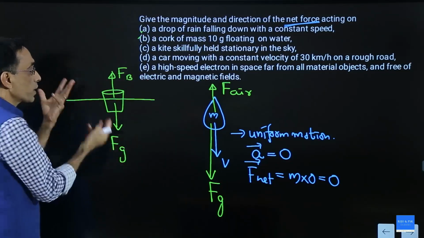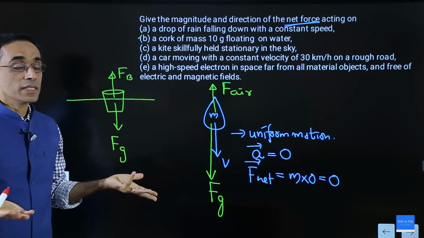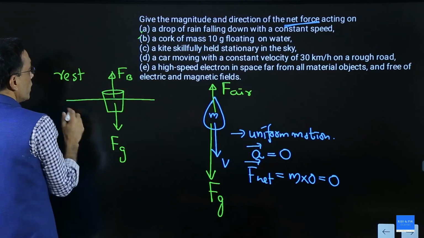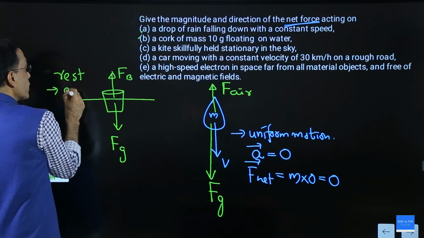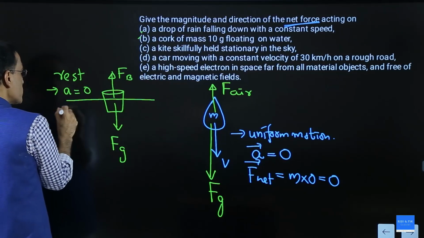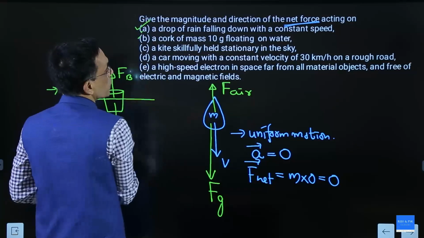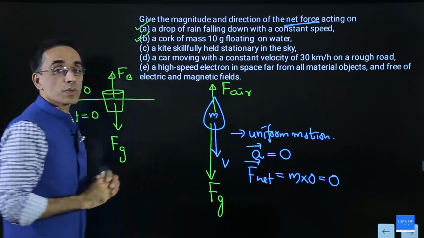And the cork is at rest. That means acceleration is equal to 0, which means the net force is equal to 0. So in case 1 the net force was 0, in case 2 the net force was 0.